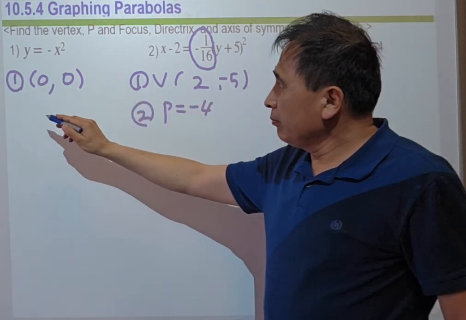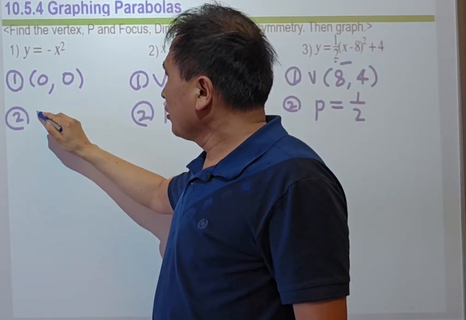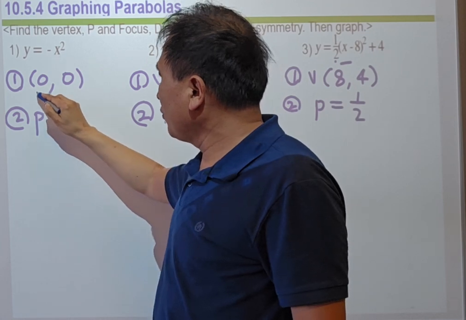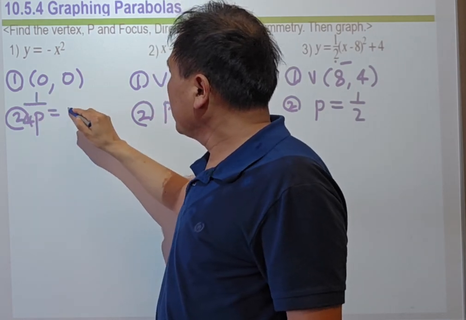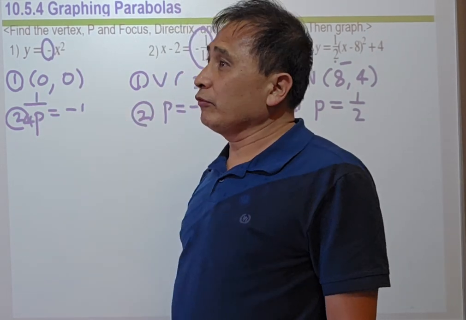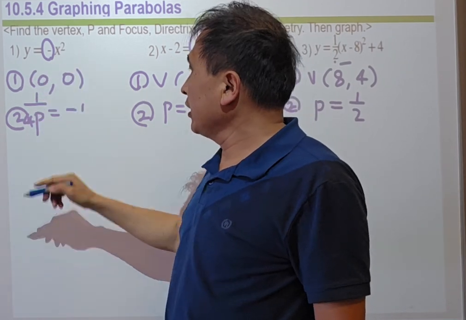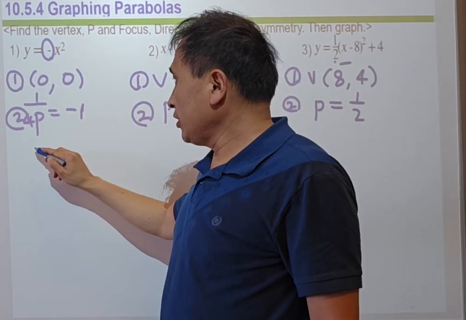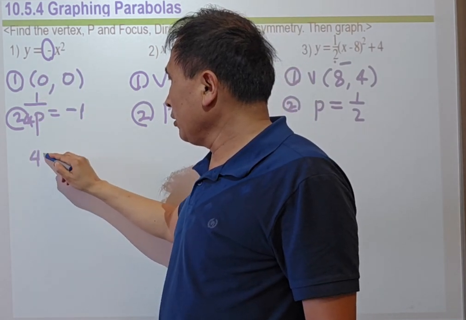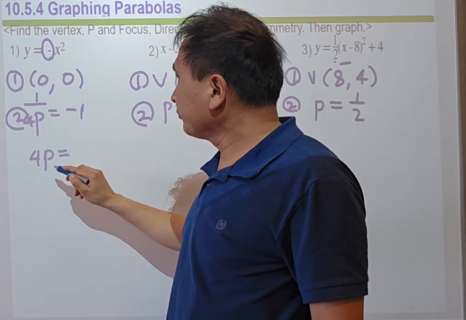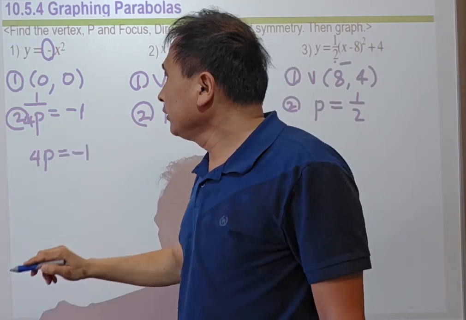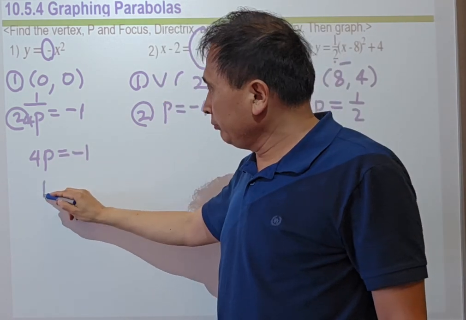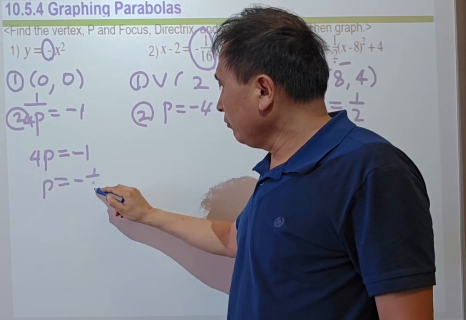And this is the same: 1 over 4p equals, in this case, just -1, the coefficient of the second degree. So take the reciprocal, 4p equals -1, so p equals -1/4.